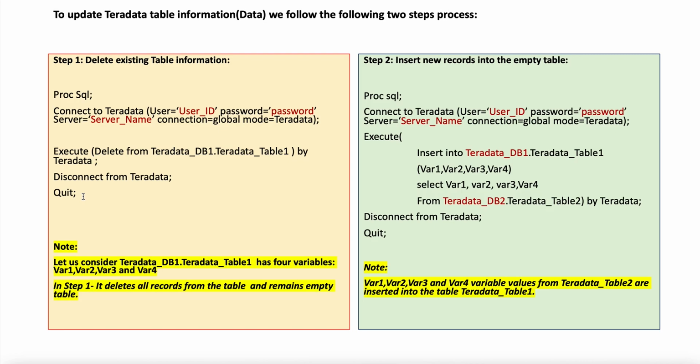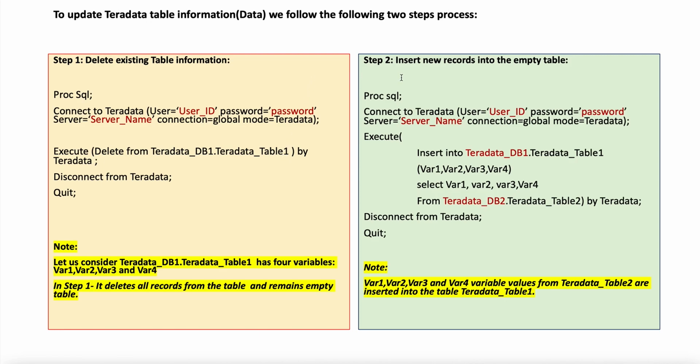When we run the setup code from proc sql to quit, it deletes all the records from table 1. Let us consider teradata_db1.teradata_table1 has 4 variables, var1, var2, var3 and var4. In step 1, it deletes all the records from the table and leaves an empty table. That means table 1 is empty.